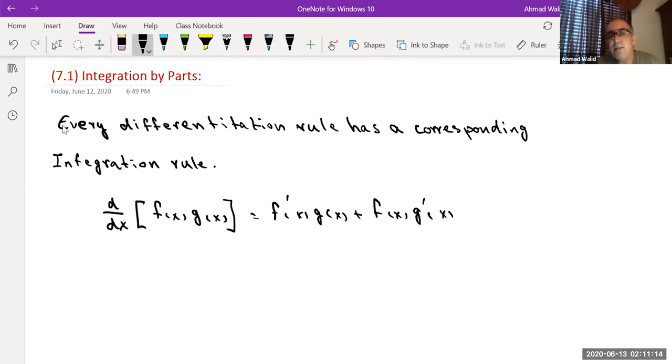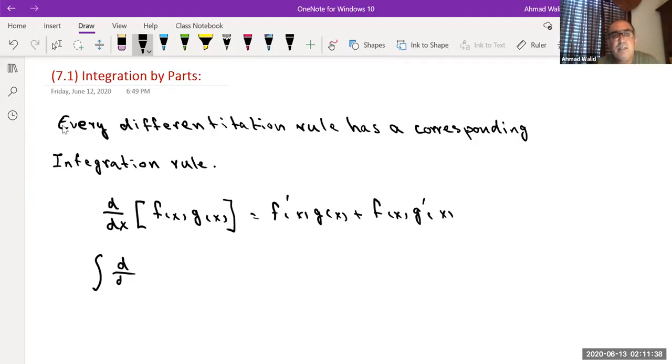Now, let's integrate both sides. This is actually the proof that I want to show you. You don't need to learn the proof, just memorize the formula, but see why that formula exists, from where it comes. I'll derive that formula for you.